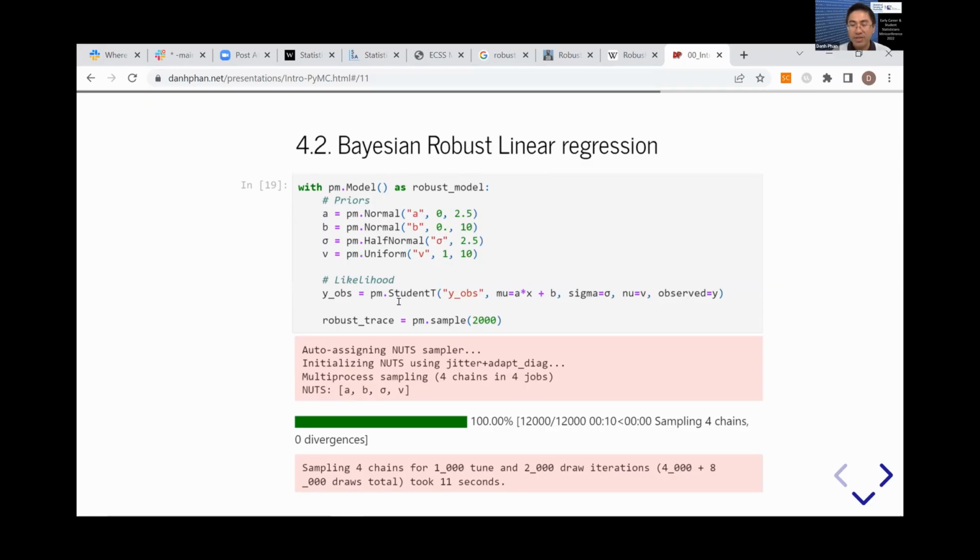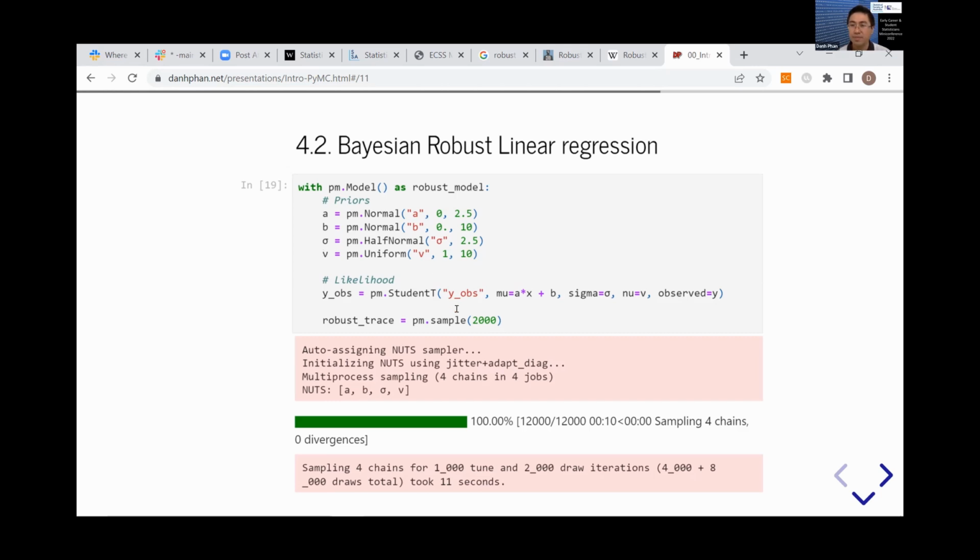This long tail can accommodate outliers, which our data set has. The Student T has 3 parameters: the mean, the standard deviation, and then nu here. So in the prior we also need to set the prior for nu.